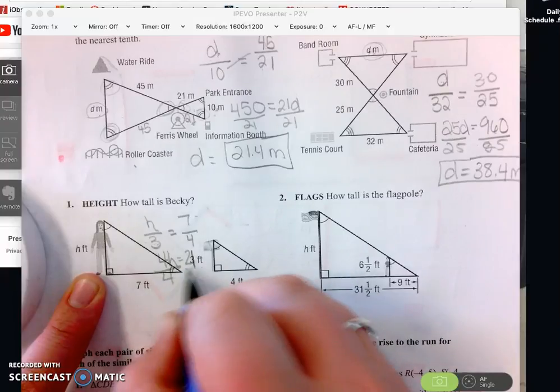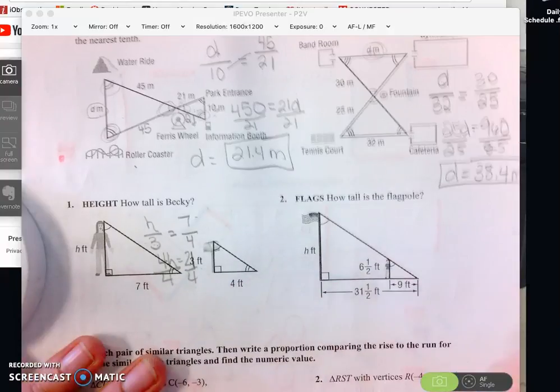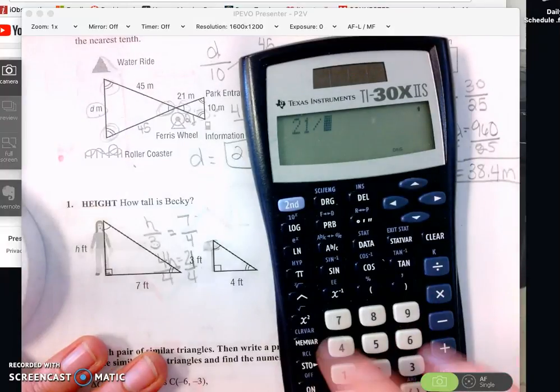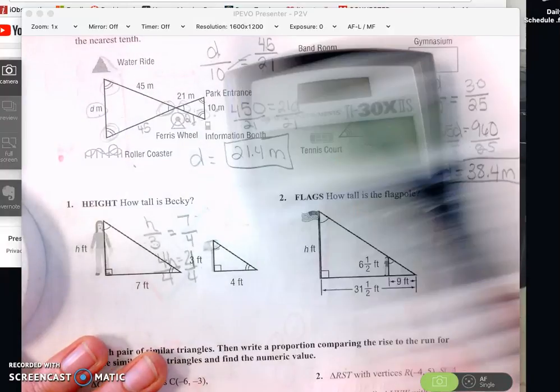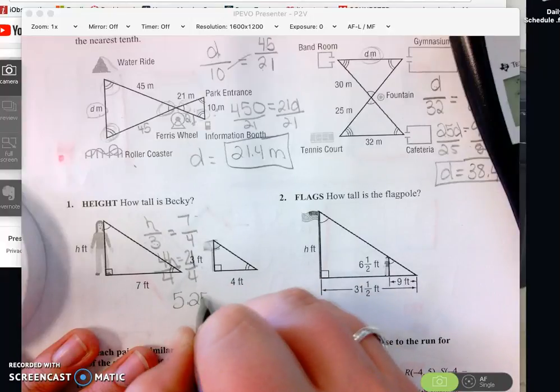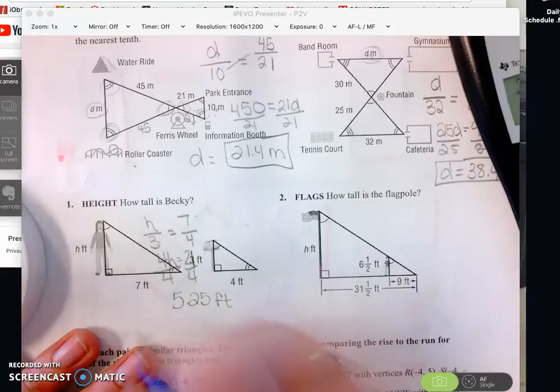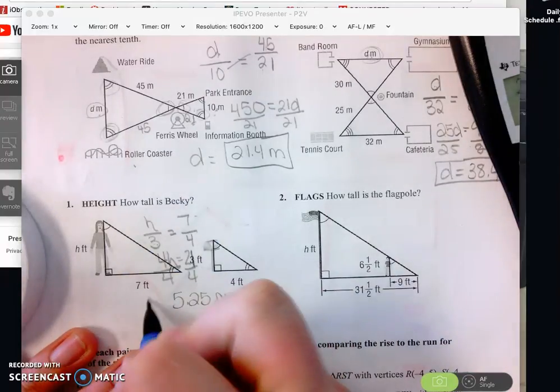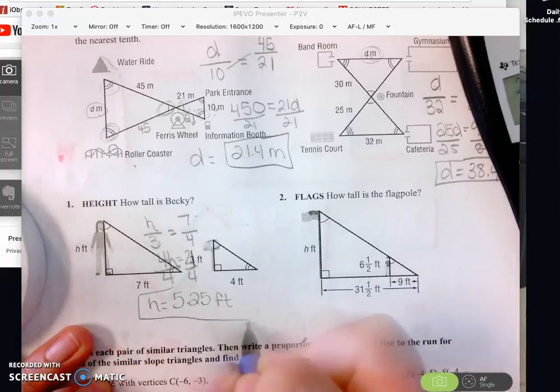Divide by 4, divide by 4. So 21 divided by 4, 5.25 feet. This one doesn't ask us to round to a nearest, so we're just going to leave it like that for now.